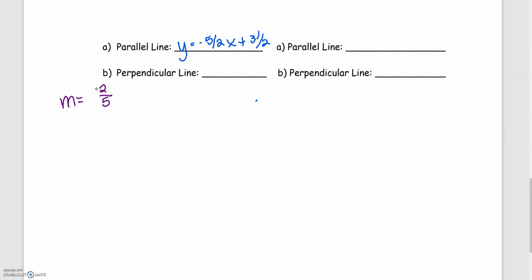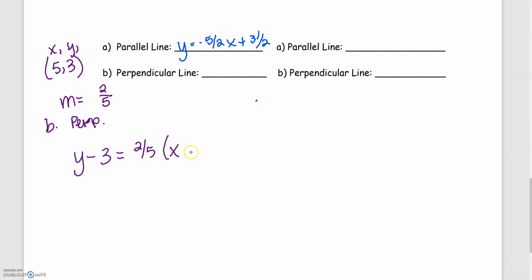So now for B, perpendicular, we're going to do y minus, and we're going to do the same point from up above, 5, 3. So I'll bring that down. So this is my x1, this is my y1 still. So the only thing that's changed is my slope. So y minus 3 equals, and then my slope, x minus, and then my x1 is 5.